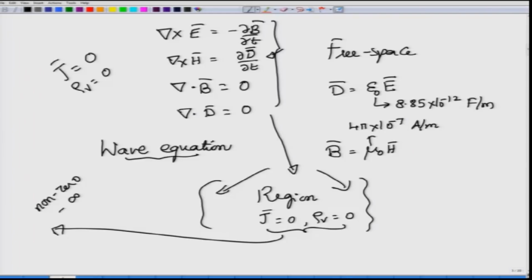It turns out that they do not become 0, and in fact, because E can sustain the H field and the H field can in turn sustain the E field, in the region that we considered, even though there are no source terms, it is possible for us to have wave phenomena, and electric and magnetic fields are part of this wave phenomena. The equation that we are going to derive now describes how electric and magnetic fields behave in the region, even though the source quantities are themselves 0 in that given region.